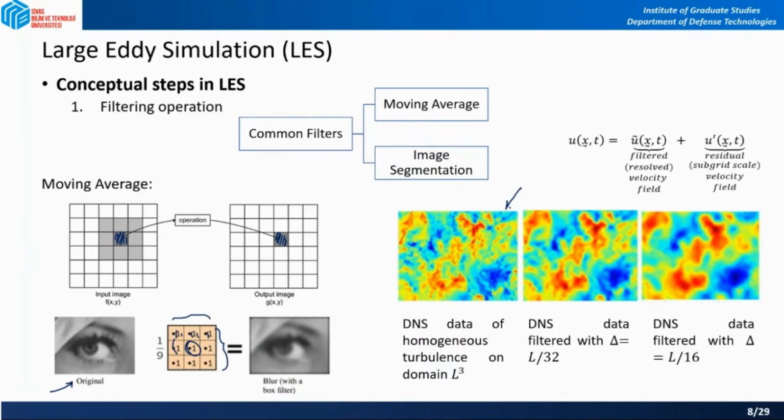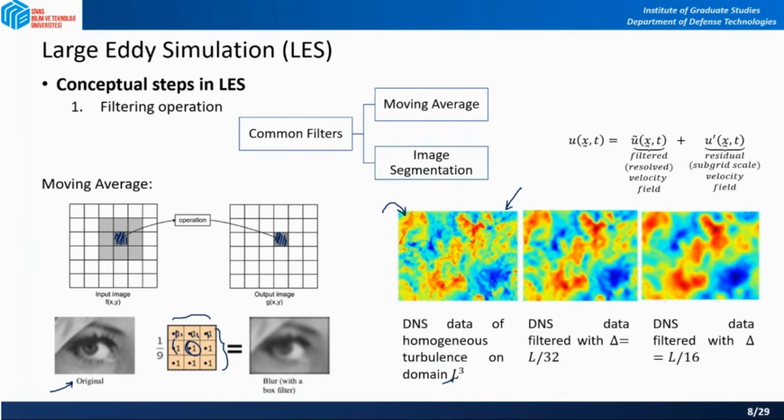The first one is the DNS data of a homogeneous turbulence on a domain which is a cube with length L. You remember this cube. This picture is just a cut of the cube at some place, and it is frozen in time. So it is a snapshot of that homogeneous turbulence inside that cube.